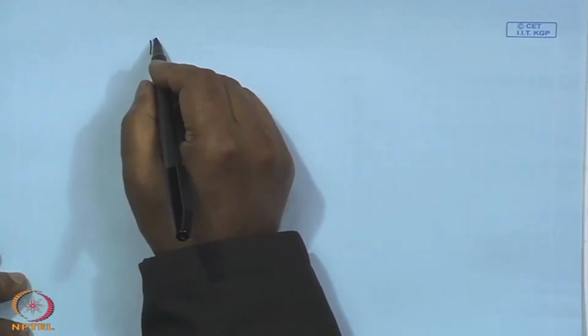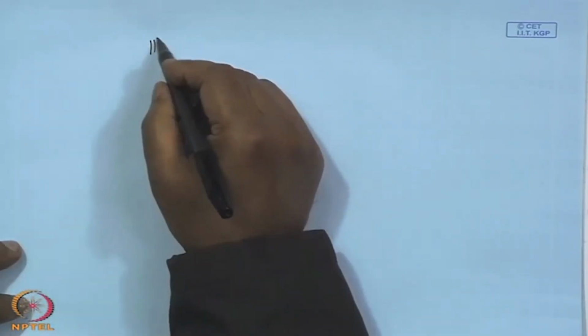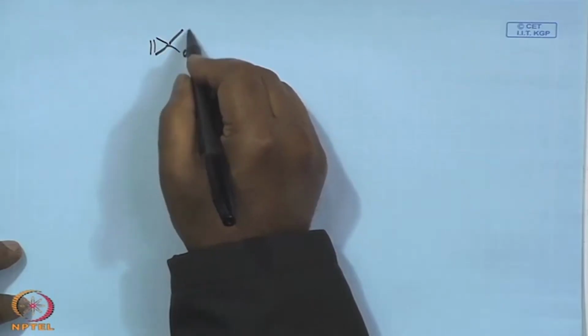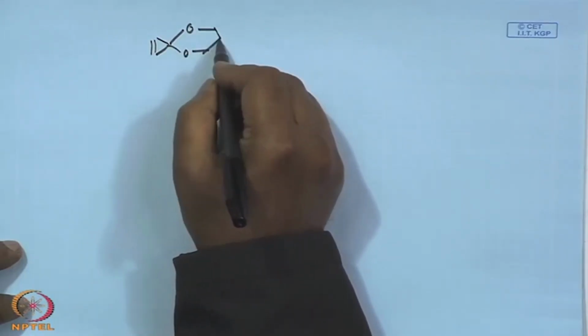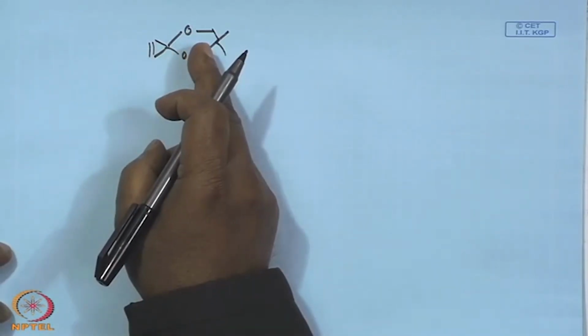So, there is a reactive double bond. Where else? I said strained system. So, if you have a cyclopropene system of this kind, it is very easy to make. Then this will undergo this kind of cycloaddition reaction, 5+2 cycloaddition.